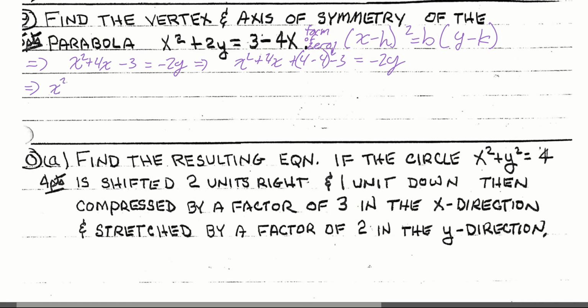So we have x squared plus 4x plus 4, and I'm going to move the minus 7 over to the other side, because then we'll have plus 7. So 7 minus 2y. This is now a factorable function on the left side. So then this becomes x plus 2 squared equals 7 minus 2y.